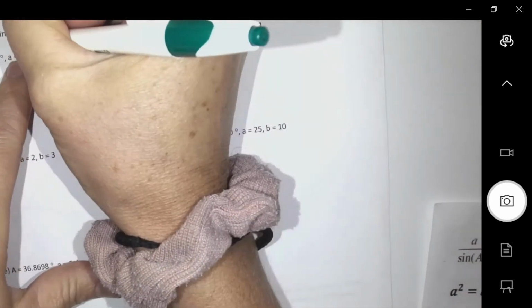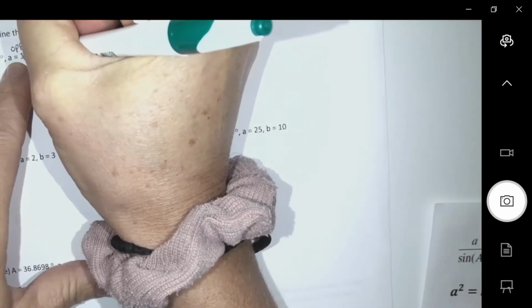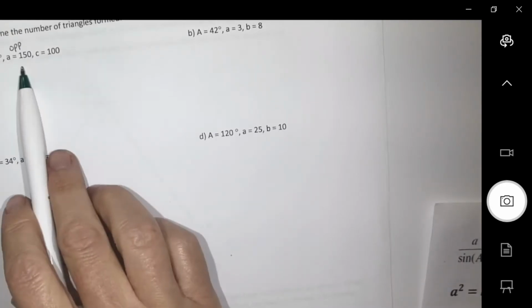Okay, so this is a page on your test where you have to figure out how many triangles. Okay, so I'm looking for understanding the opposite side. So A is the opposite side of A. What do you know?